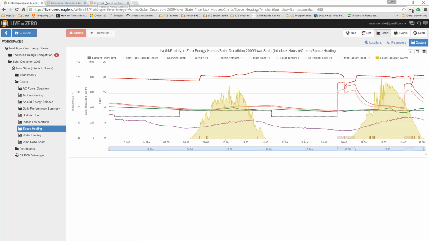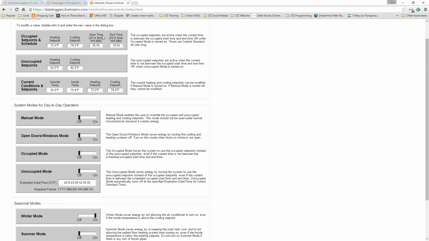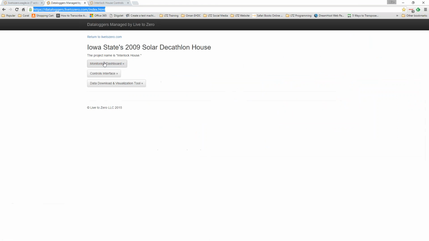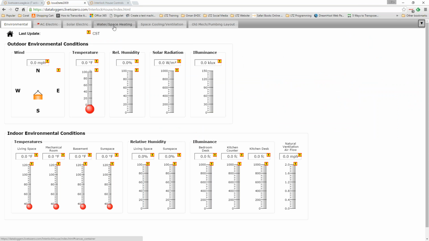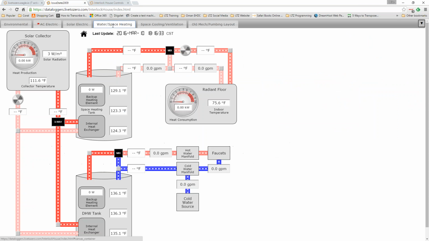So if you're new to this, I'd encourage you to also have the monitoring dashboard open, particularly on the water space heating tab, because you can see a schematic of the system as well as current readings at each of these measurement locations. I'll probably flip back and forth between this interface and Eagle IO as we talk, just to remind you what we're looking at on the charts.